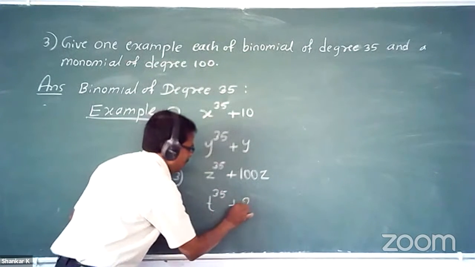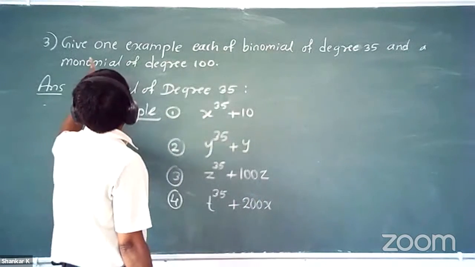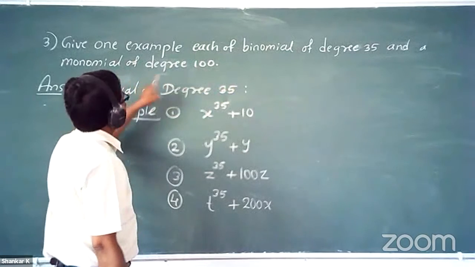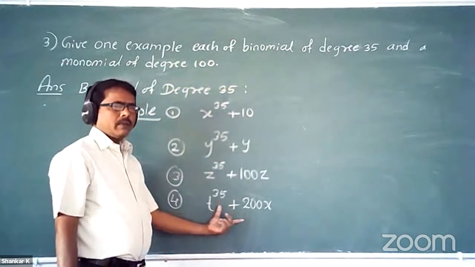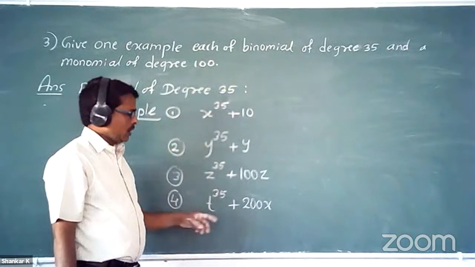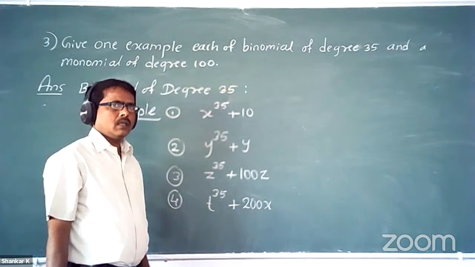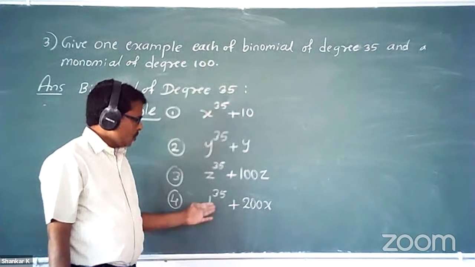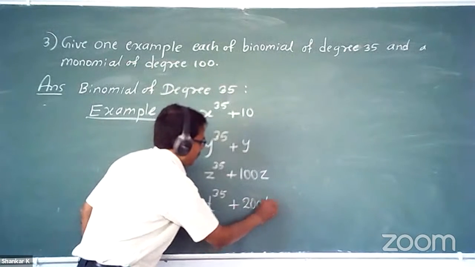They have told not in one variable. They have told just binomial, in two variables. But here we are going to study polynomials in one variable. So instead of t and x, you just write t. This is also correct, no problem.